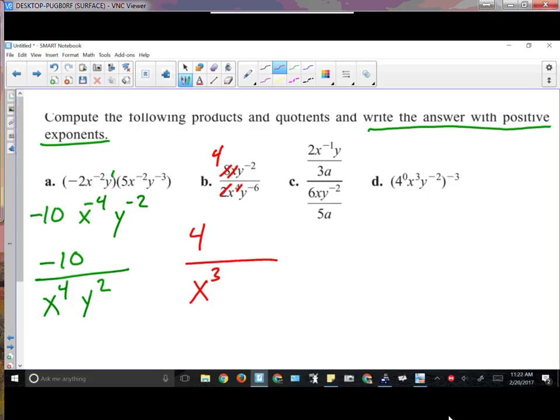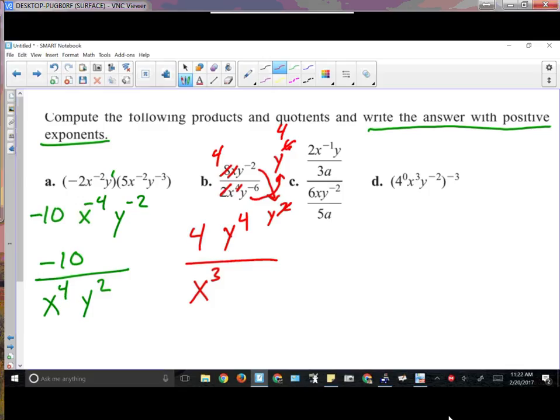Change them to positive. So that means this could go up here as y to the 6th. This could go down here as y squared. Is it easier to see what's going on with them now? So 2 of these wipe out with 2 of these, and I've got 4, and we've got y to the 4th.